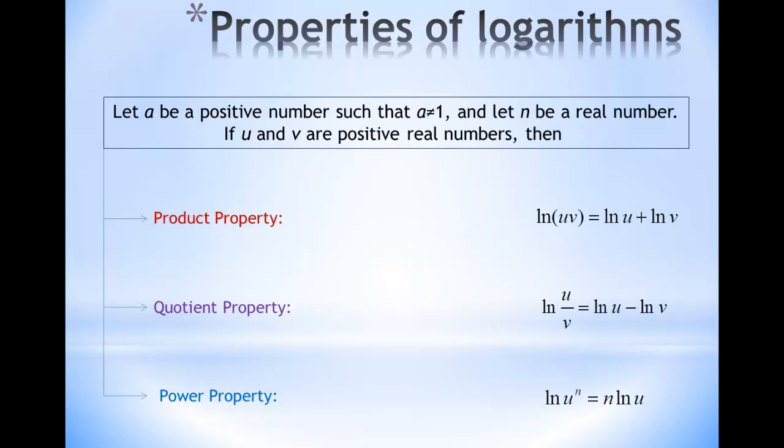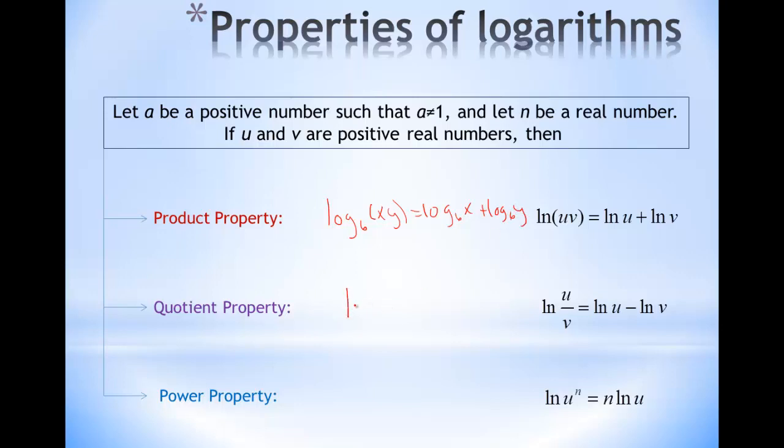All right, and let me get my pen. Same properties apply. So if I had, for example, log base 6 of x times y, that's going to be log base 6 of x plus log base 6 of y.